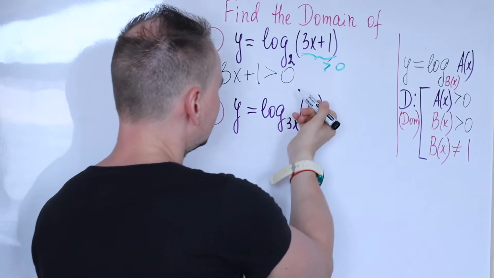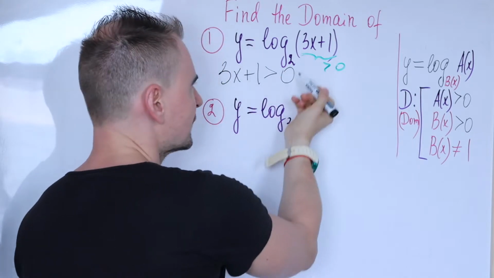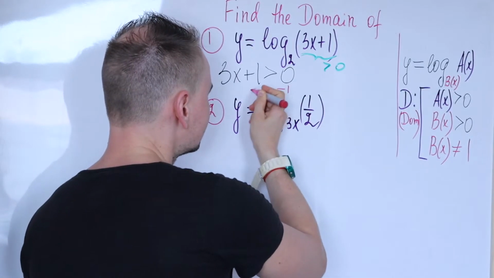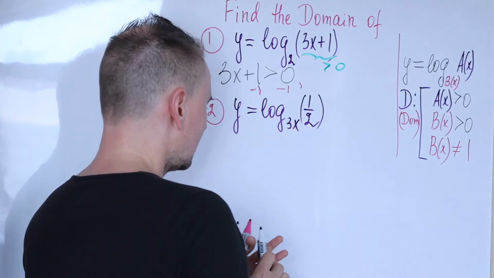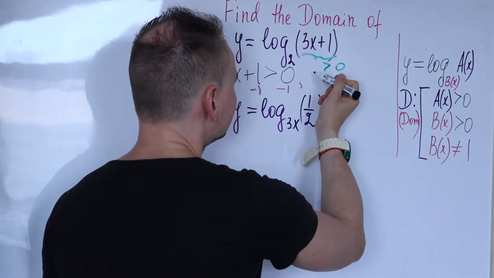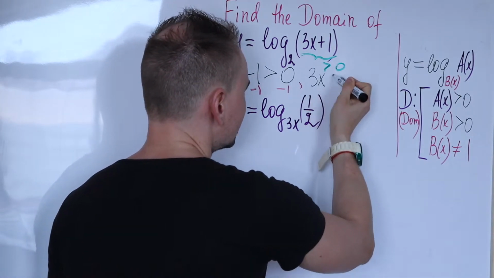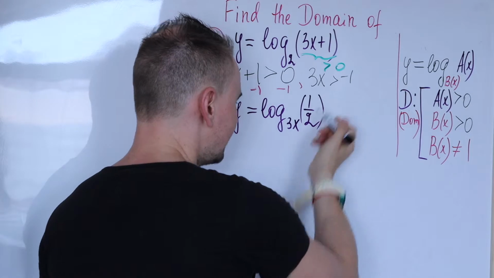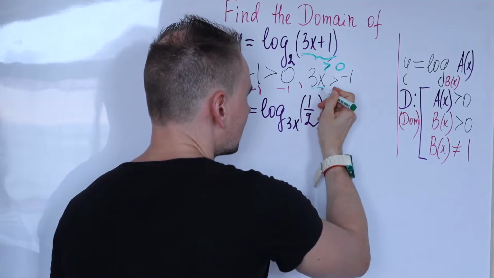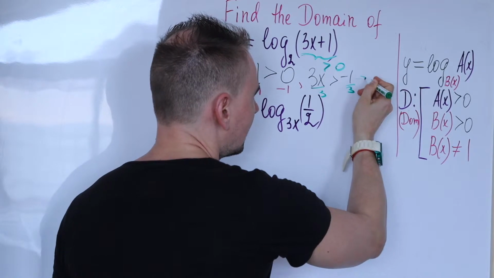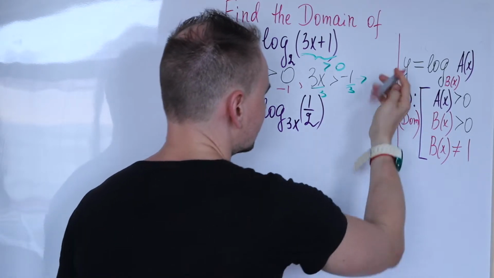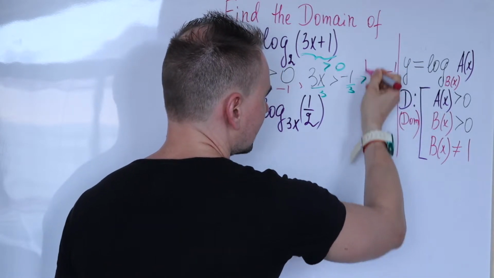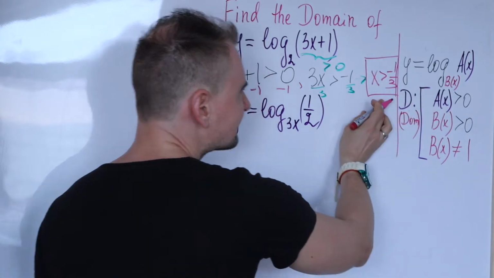So you simply move this one to the right side by subtracting one from both sides of your inequality, and you end up with 3x greater than -1. The next step, you divide both sides by 3, and it becomes that x is greater than -1/3. So this is basically the answer.